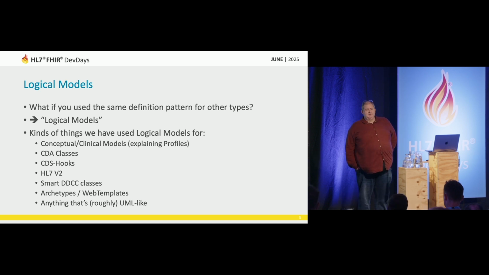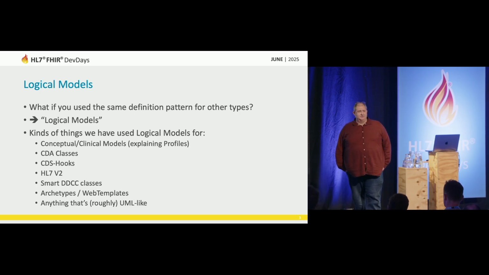We've also done some pretty other interesting things with logical models. We created a set of logical models for all the CDA classes, for those of you who've done CDA. We created a set of logical models for the CDS hooks JSON structures. We have a set of logical models for HL7v2.